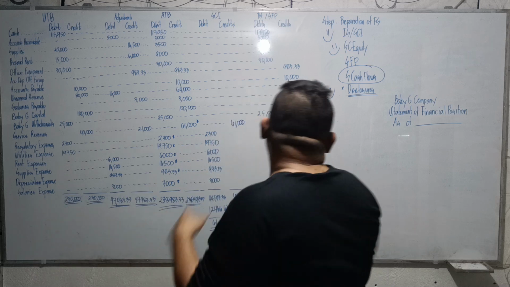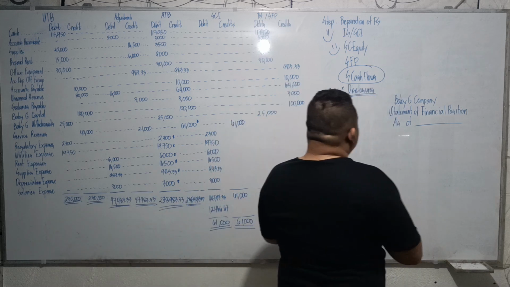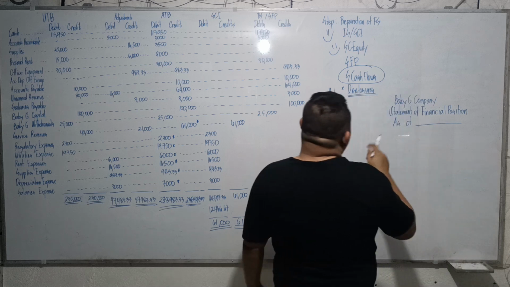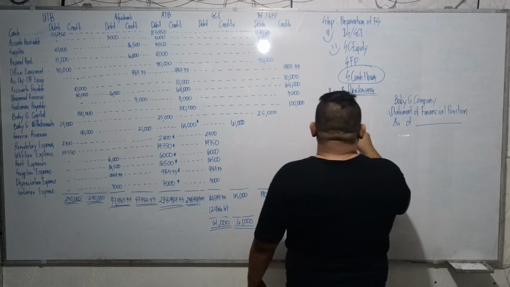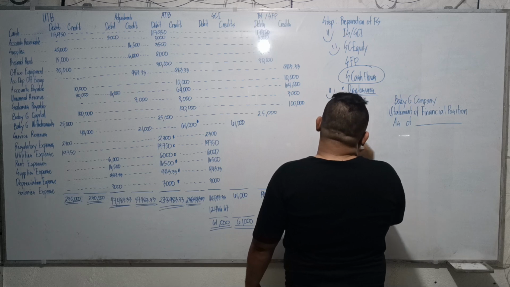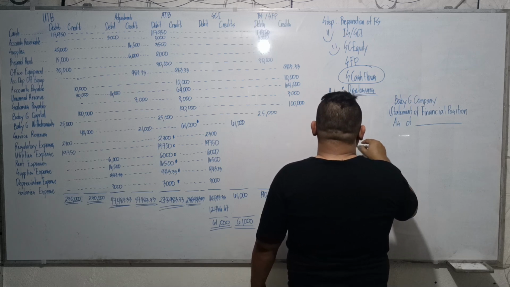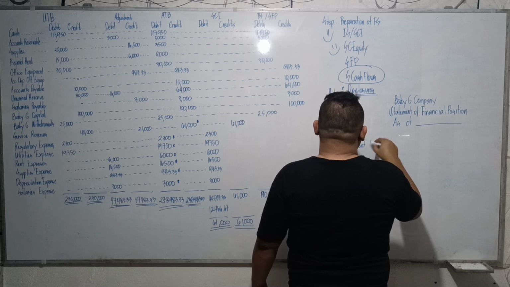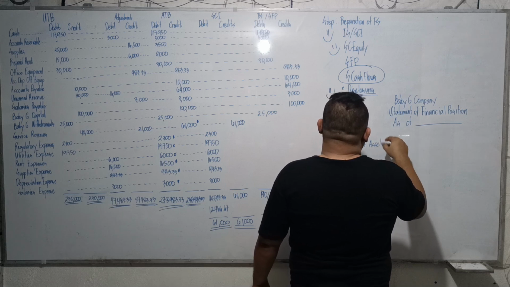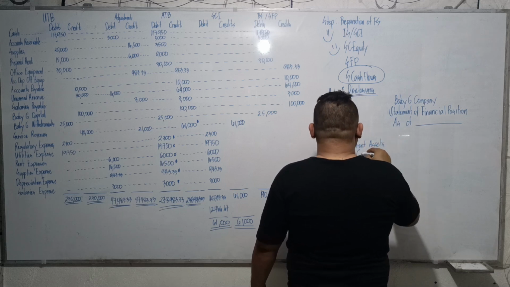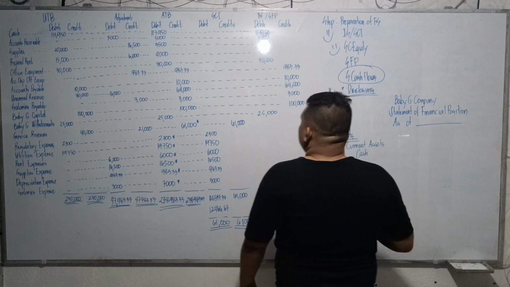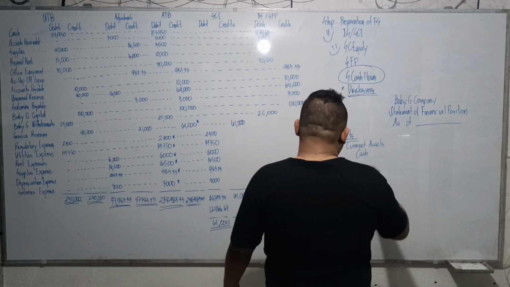Okay? So how do you make a statement of financial position? The statement of financial position can be in a format like this. We'll start with the assets, of course. On the assets, we'll start with the current assets. And the current assets will start with cash. And then we have the accounts receivable.